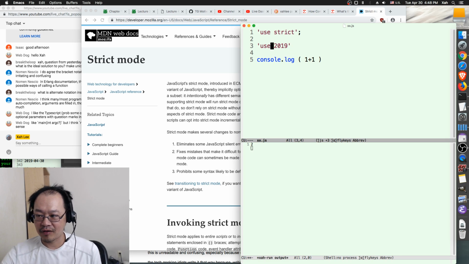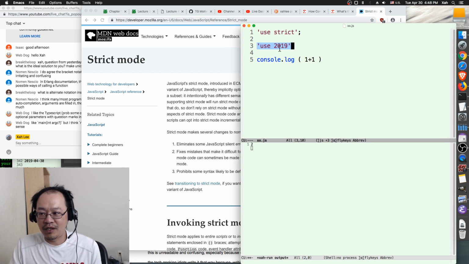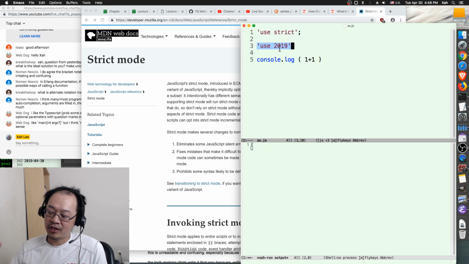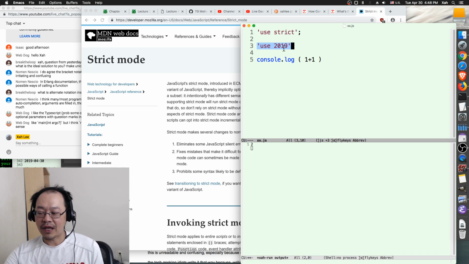I think the ideal solution is to introduce a new, use 2019. That would mean that in 2019 we change all the behaviors of the string methods. We change those as a 2019 spec.